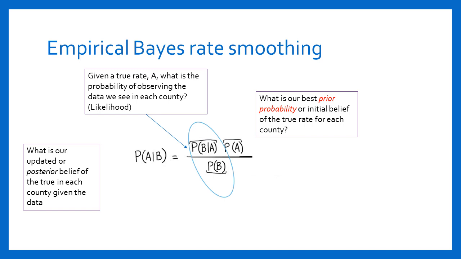And there are three parts that we talk about in this mathematical statement. And one of them is called a prior probability. So a prior probability is our initial belief about the true rate. And what I'm going to use in empirical Bayes is the reference rate as my prior. In other words, in the absence of any other information, I'm going to say my best guess for the rate of very low birth weight in a Georgia county is the rate of the state overall.